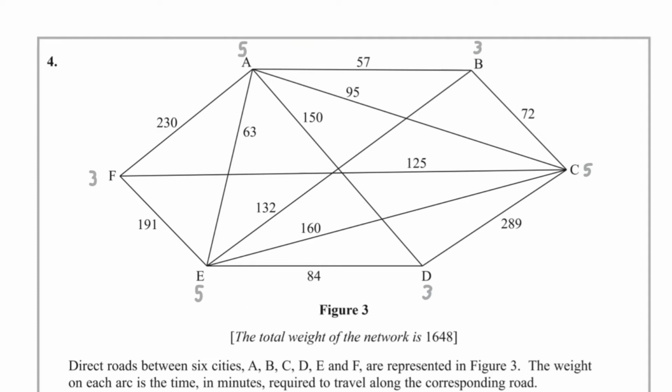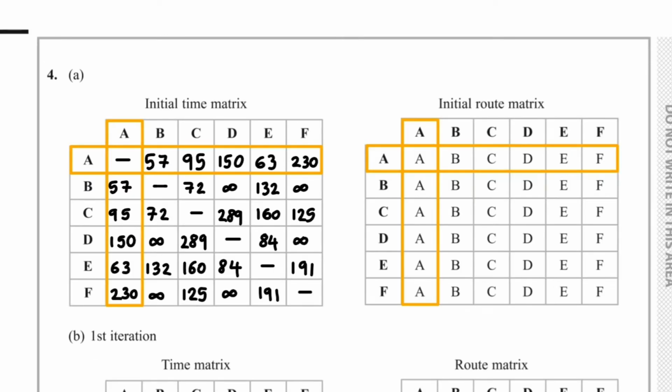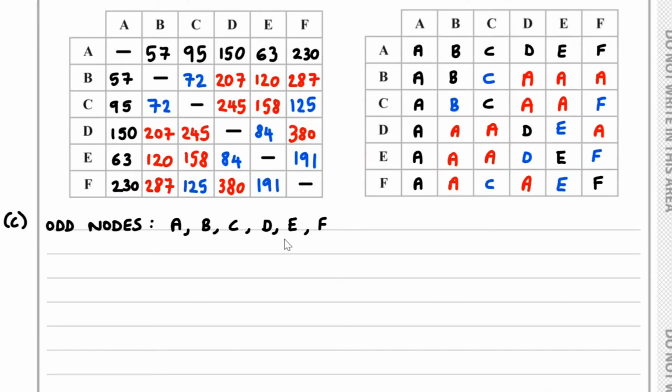So let's write those down. With the odd nodes, we have A, B, C, D, E, and F.